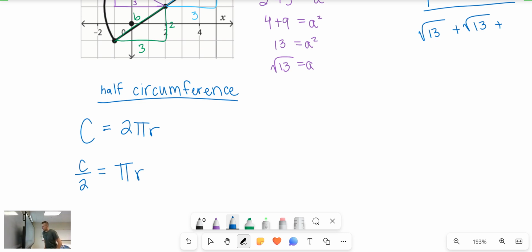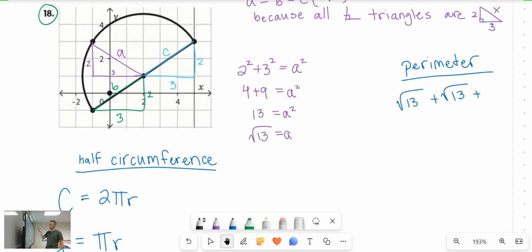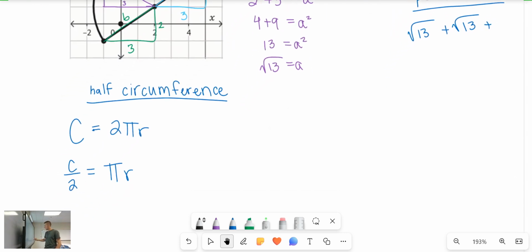And since we need to add this portion, this c over 2 we have to add. So we have to add pi times the radius. And what's the radius of the circle? Well, the radius is just the distance from a point on the circle to the center, which is our A. So our pi r equals pi times the radius, which is the square root of 13.